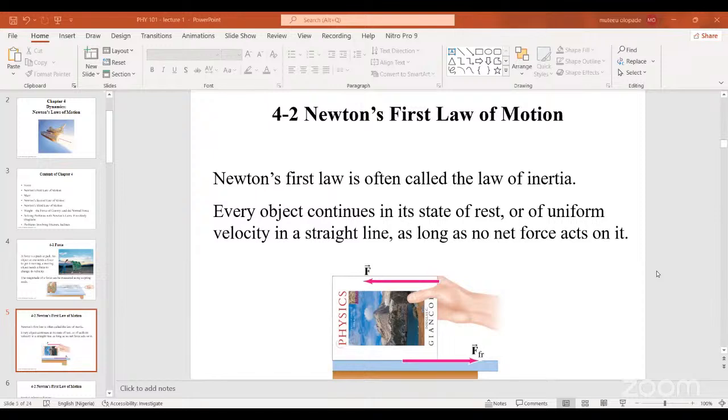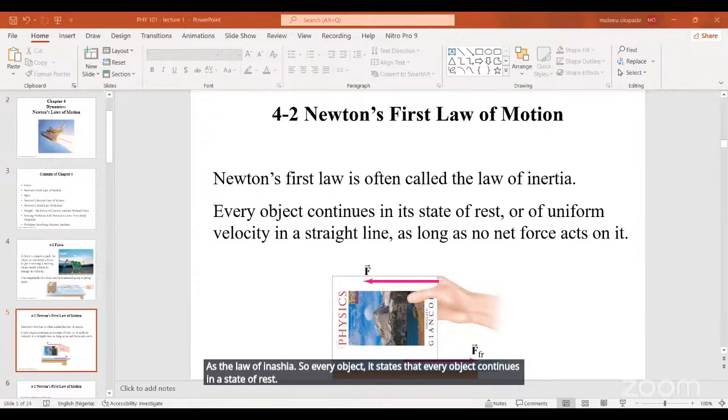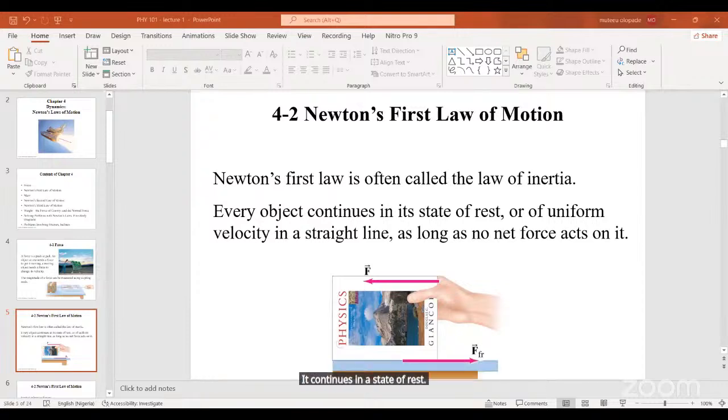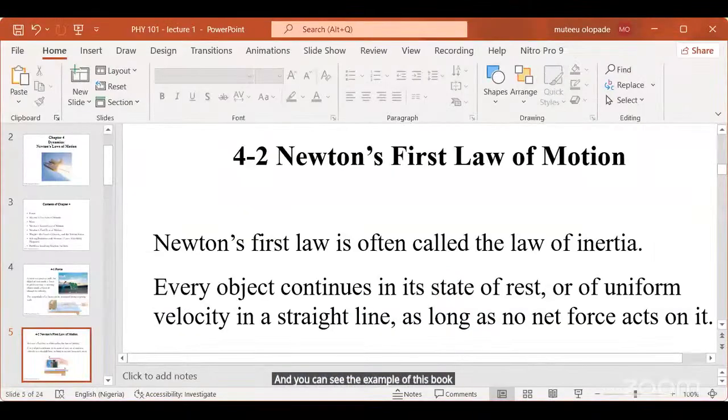So Newton's first law, which can also be referred to as the law of inertia, states that every object continues in a state of rest or with uniform motion or uniform velocity in a straight line, as long as no net force acts on it. And you can see the example of this book that I have here now.